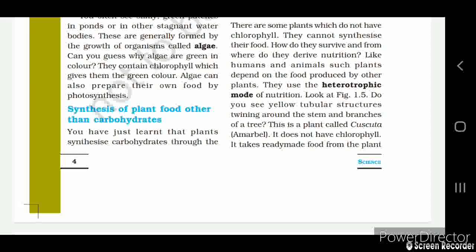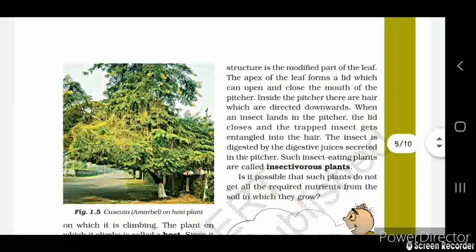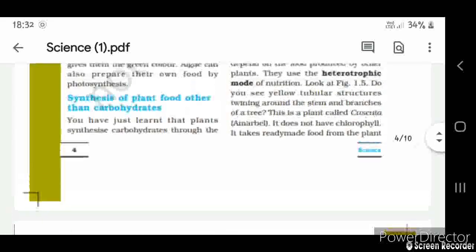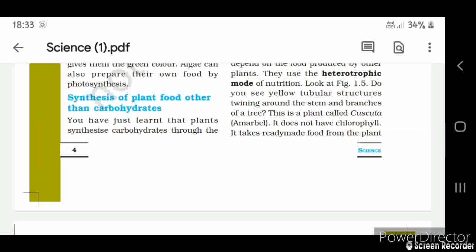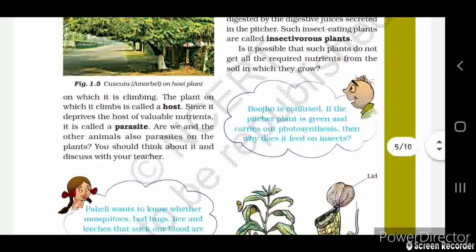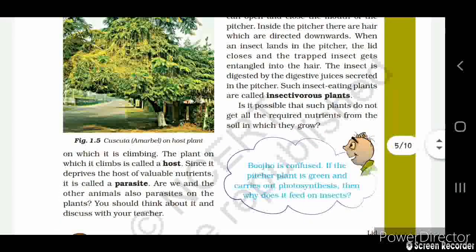It takes ready-made food from the plants on which it is climbing. On the branch where the plants are, from there it will take the energy, meaning the food, that it needs.